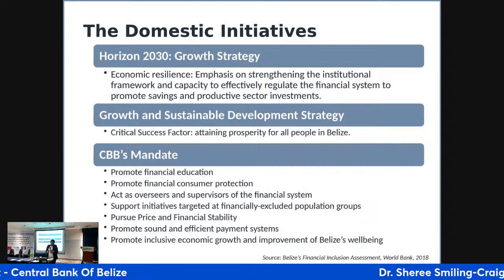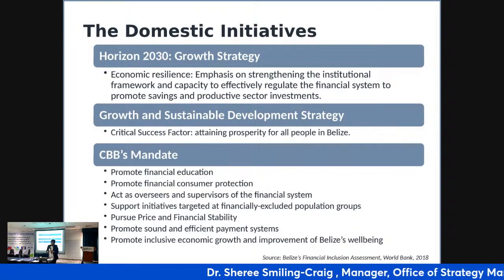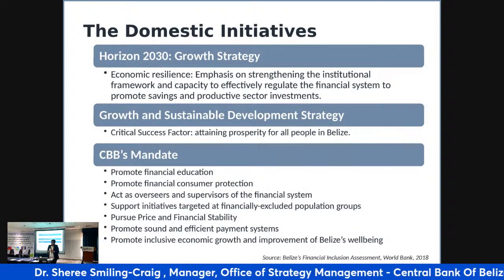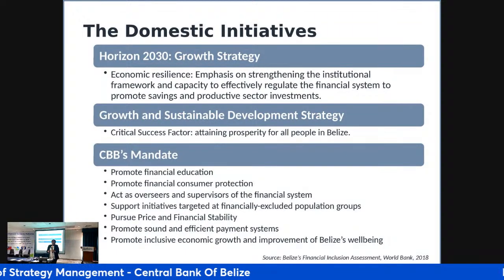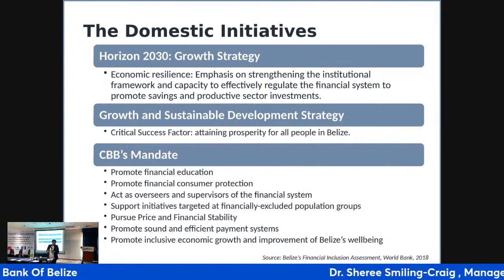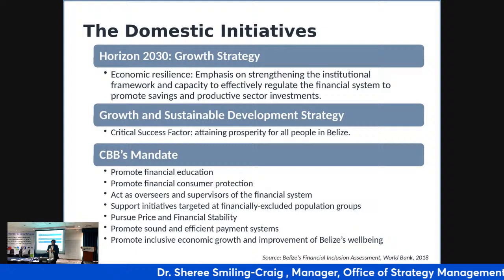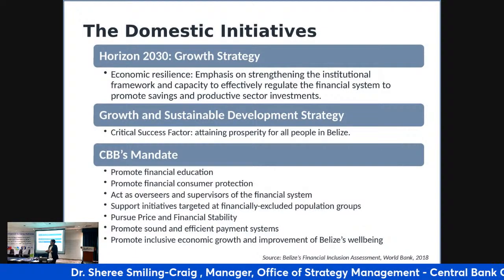We also support initiatives targeted at financially excluded population groups. And that's why we're here today to a large extent. We pursue price and financial stability. Now, if we have price stability, people are more inclined to save and invest. We also want to promote sound and efficient payment systems.